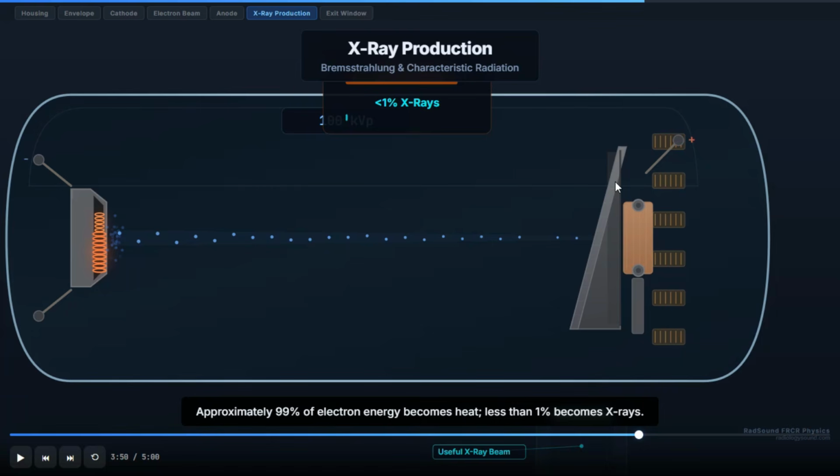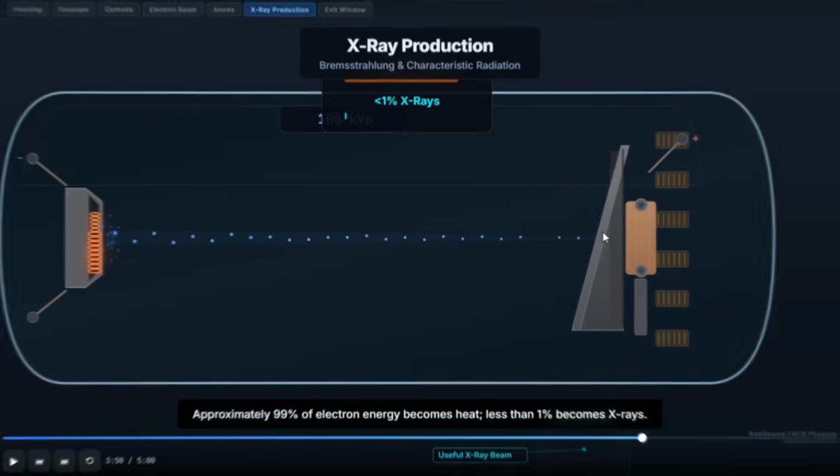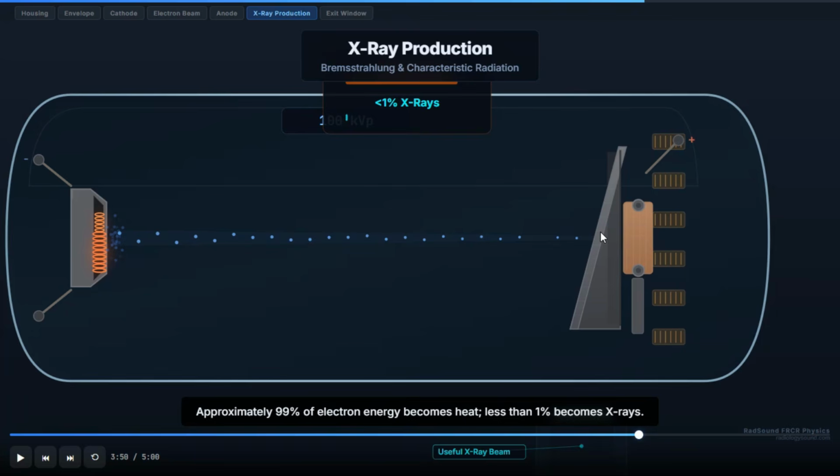Just imagine the main concept of how we produce X-rays. The production of X-rays involves two main processes: Bremsstrahlung and characteristic radiation. The basic idea is that as the electrons bombard this area of the tungsten, most of the energy is converted to heat and a small part to X-ray. So 99% of the kinetic energy, or the kVp applied, is converted into heat.